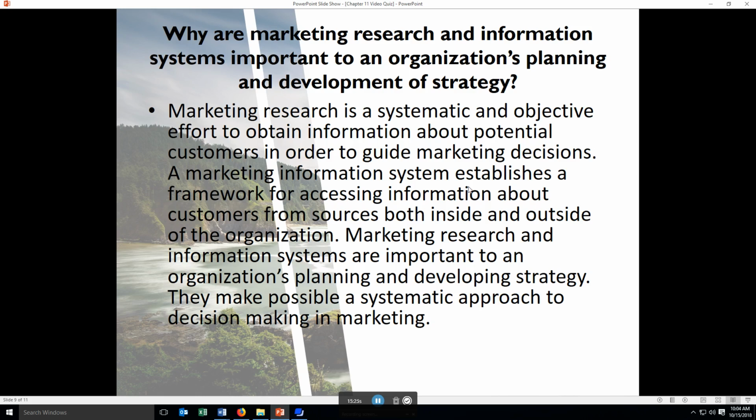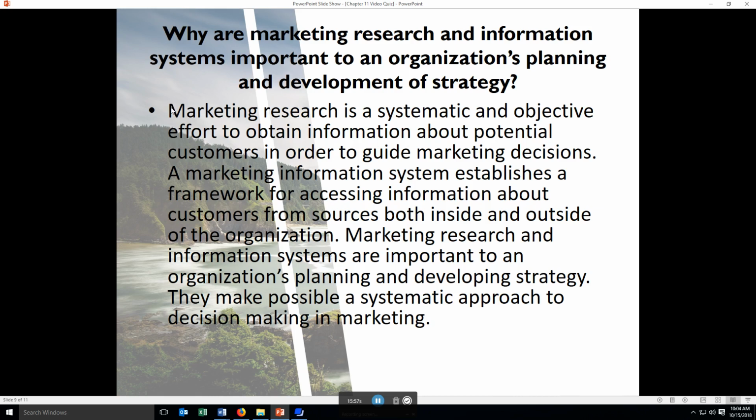A marketing information system establishes a framework for accessing information about customers from sources both inside and outside of the organization. Marketing research and information systems are important to an organization's planning and developing strategy. They make possible a systematic approach to decision making in the market.